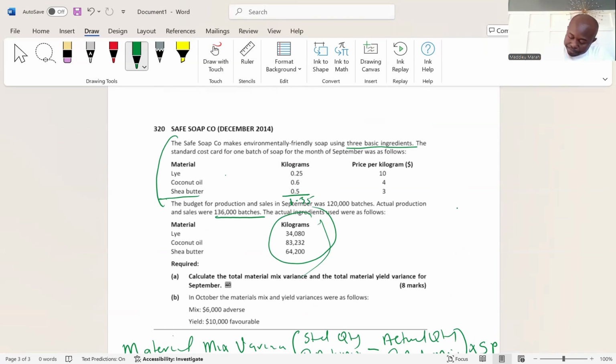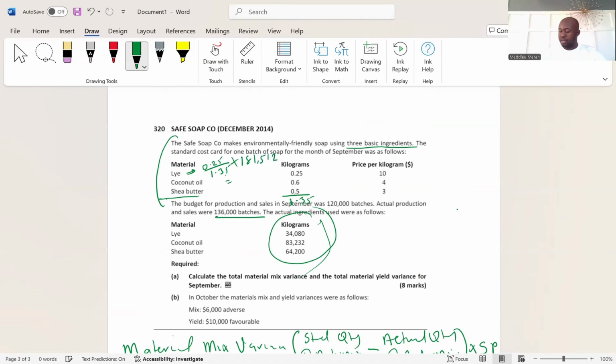So for lime, what's my standard quantity for lime? My standard quantity for lime will be 0.25 divided by total 1.35. That's my standard quantity for lime, multiplied by standard quantity at actual mix, multiplied by total actual, which is 181,512.